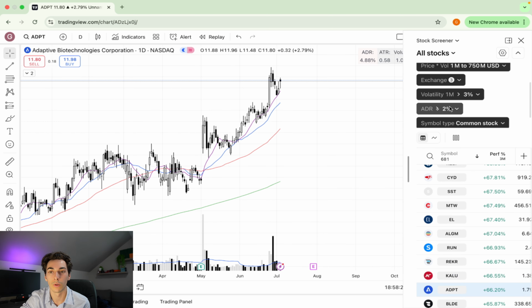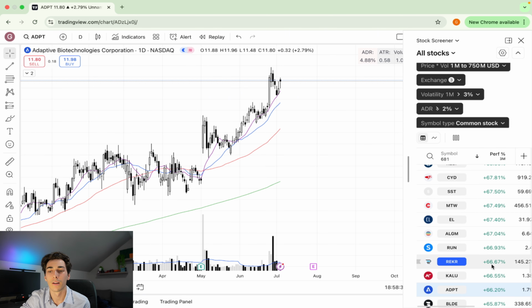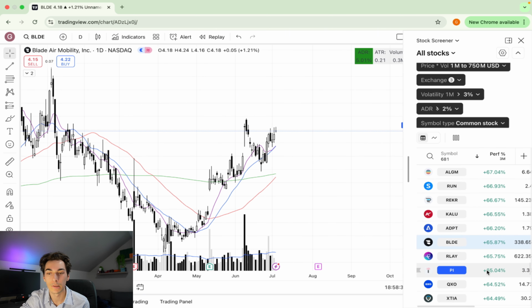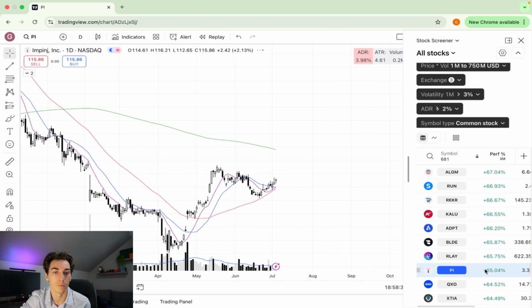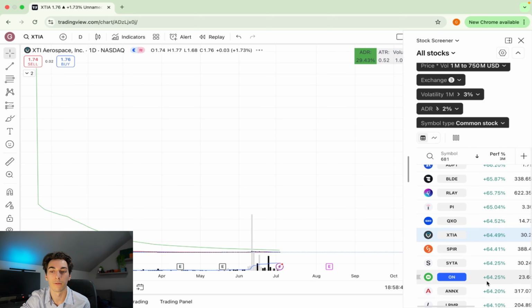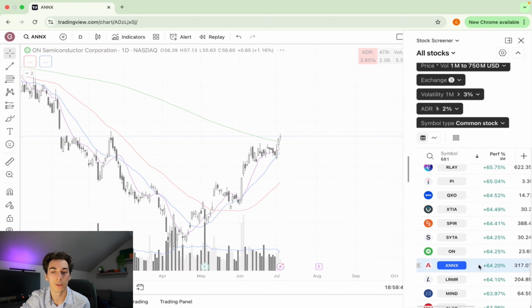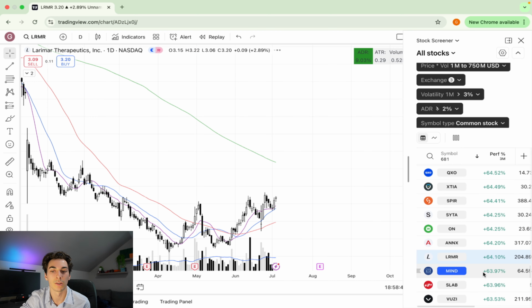I trigger this filter at ADR over 2 because sometimes, in some very rare cases, there are good setups. I have, for example, 3.5 or 4% ADR that I'm willing to risk on because the setup is looking so great.